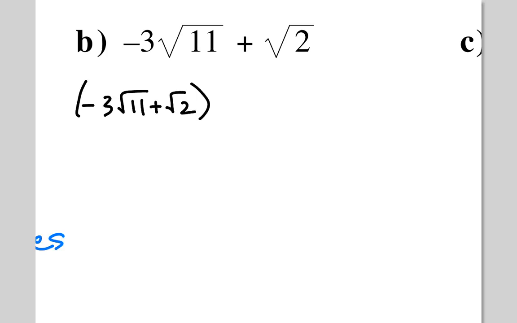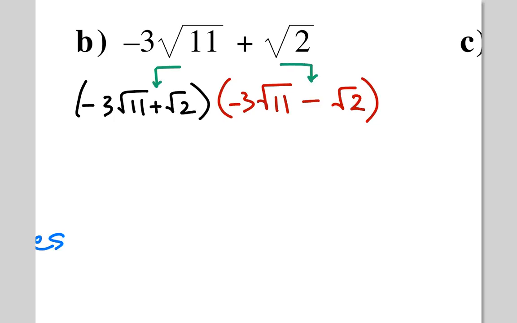And now in red ink, put the conjugate. So we copy, and then what do we change? The sign in the middle. And I'll put an arrow to that change. That one's plus, that one's minus. That's how you do the conjugate.